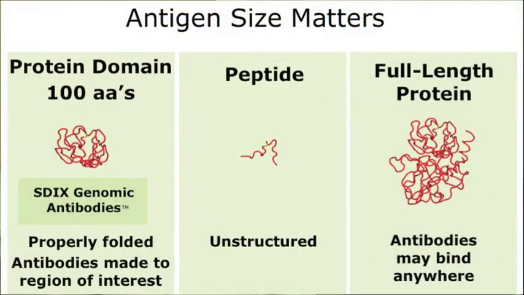So the advantages of using a protein domain or a 100 amino acid fragment are that it's bigger than a peptide so that it folds into proper native conformational structure and elicits antibodies that can recognize these structures. And yet it is smaller than full length, and so it allows you to be able to target where you want the antibody to bind.